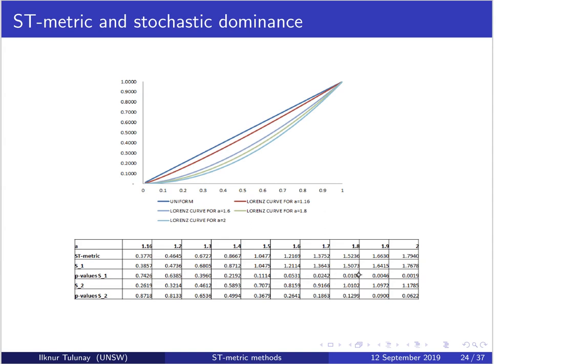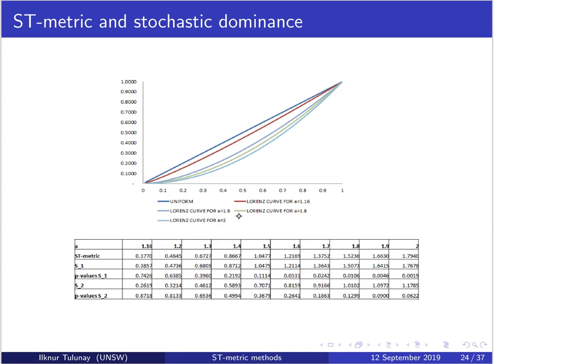The first order stochastic method assumes 1.7 corresponds to 1.7.